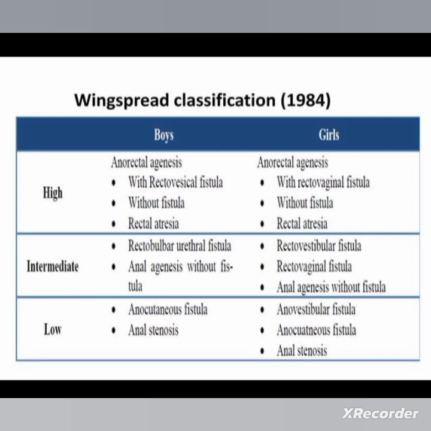In girls, along with anocutaneous fistula and anal stenosis, there may be anovestibular fistula. So this is the Wingspread classification. Based on position, it is divided into high, intermediate, and low. For management, we use this Wingspread classification.